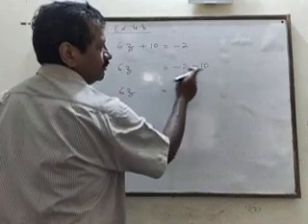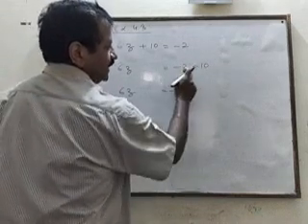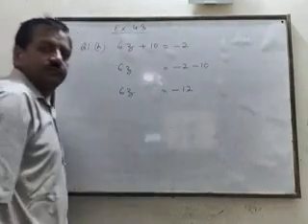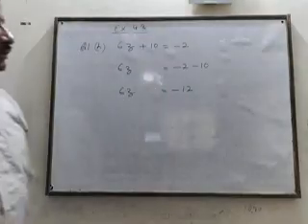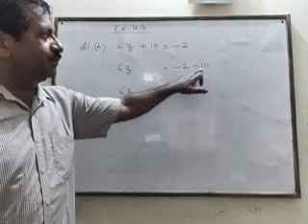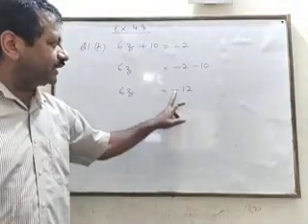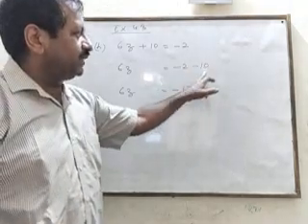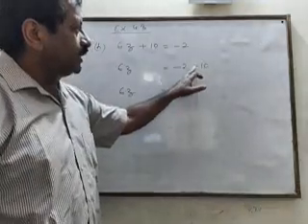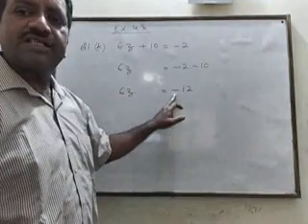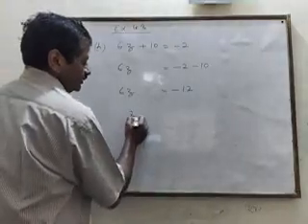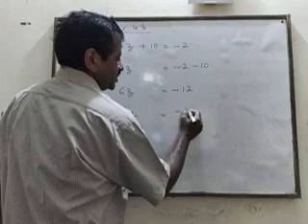So the sign will be minus and they will be added. They will become 12. Most of the children make the mistake of treating minus minus as plus and keep the sign of plus here. No, same sign figures will be added and after addition the sign remains the same in the result. So 6z equal to minus 12.